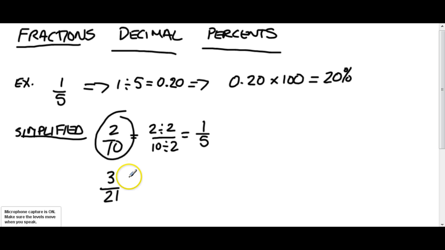It's got to be in its lowest form, but we know that 3 divides equally into 21, if you know your timetables from grade 4. So 3/21 is the same as 1/7. So you must make sure that your fractions are all simplified, in other words, to their lowest form.